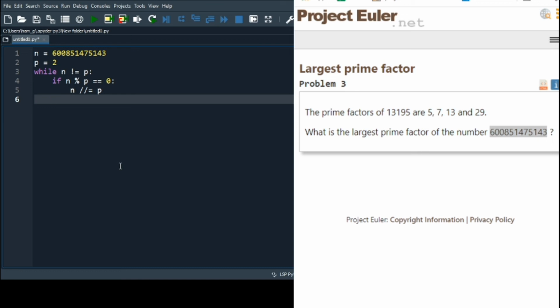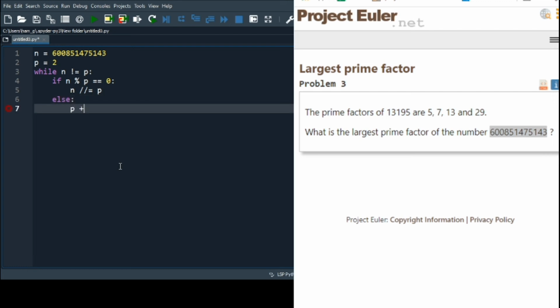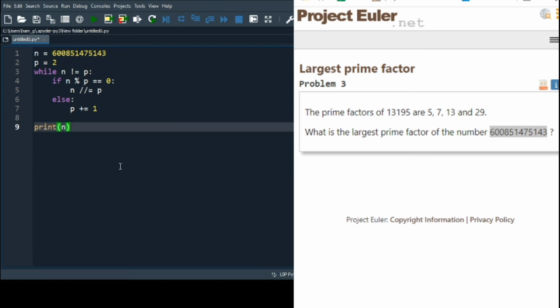There is another step, isn't there? Is there another step? No, there isn't. Else p plus equals 1. And then right at the end, print n or p because they'll be the same. So let's see. Yeah, same answer, and in a fraction of the time. So that is problem number 3.